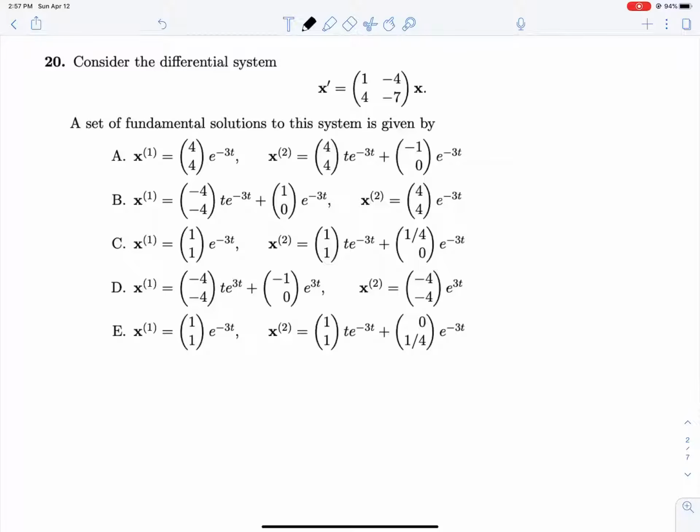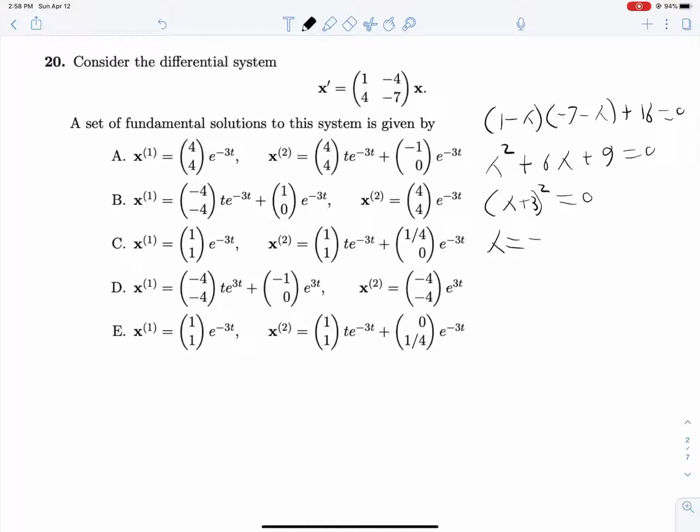So solving the determinant of A minus lambda I equals 0: (1 minus lambda) times (negative 7 minus lambda) plus 16 is equal to 0. This gives us lambda squared plus 6 lambda minus 7 plus 16, which is plus 9, is equal to 0, or (lambda plus 3) squared is equal to 0.